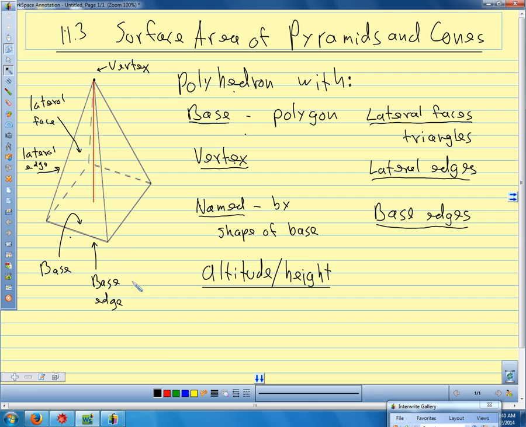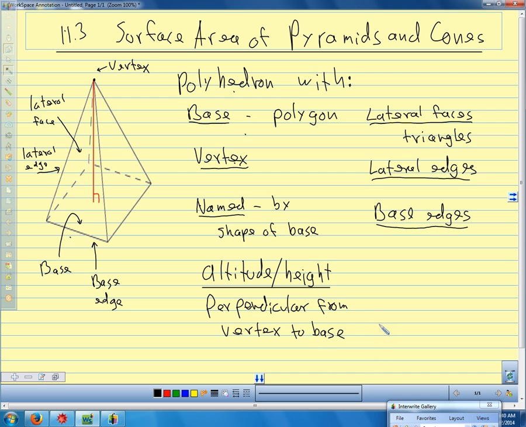So this would be our altitude here, and it makes a 90-degree angle with the base. So I'm going to call that the height. That's how we find the height, is that segment. So the segment is the altitude, the length is the height. We'll just call it the height.